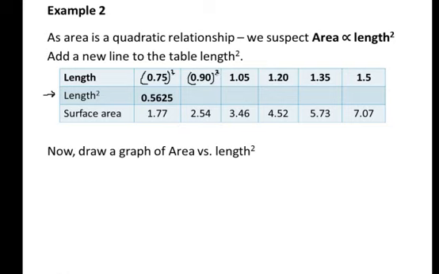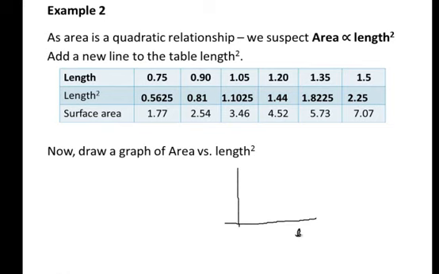This squared will give us 0.81, etc. Square 1.05, square 1.2, square 1.35, square 1.5. And now draw the graph of area versus length squared. Again, guys, length squared is your input. That goes on the x-axis. Don't ever mix those up or you'll be heavily penalized.